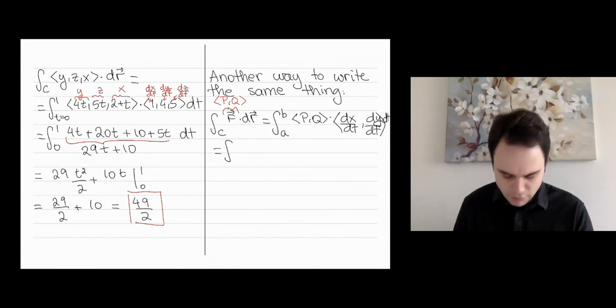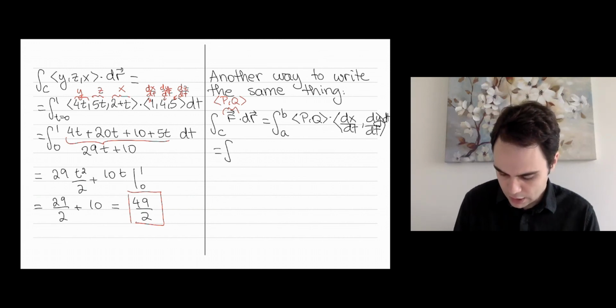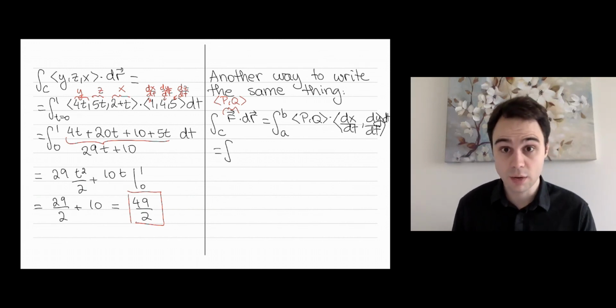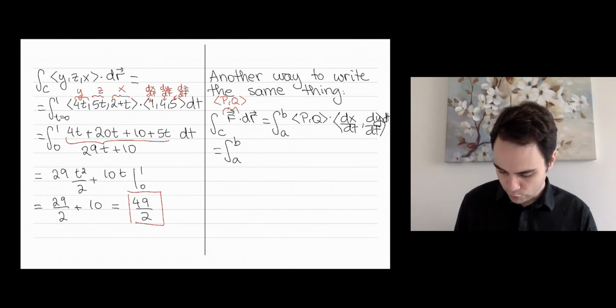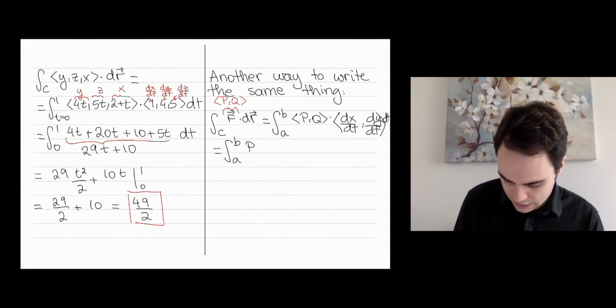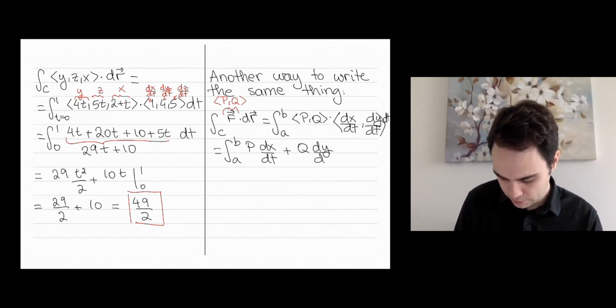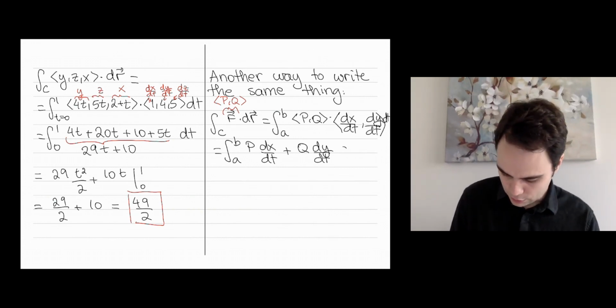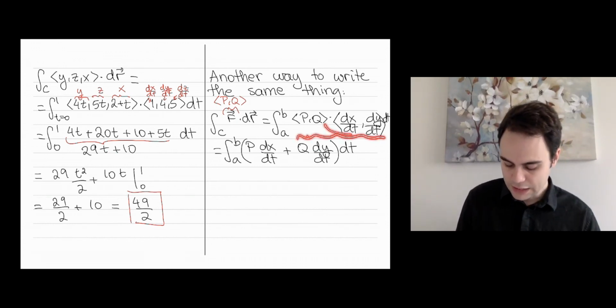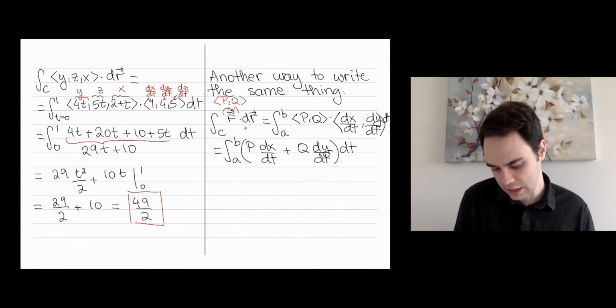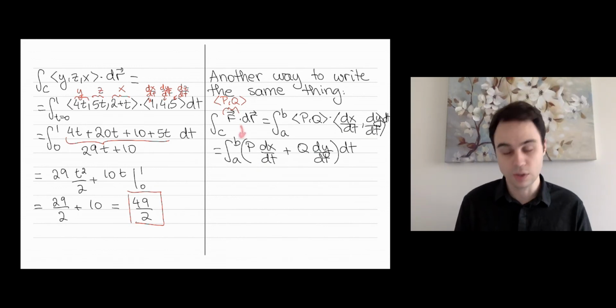For any vector field and any curve, you'll always end up integrating a sum of two products: between a and b, the limits for the parameter, you'll be integrating P times dx dt plus Q times dy dt, with respect to dt. I simply worked out this dot product once and for all, so you don't have to repeat this. If you want to say this is equal to that, you can just say that.